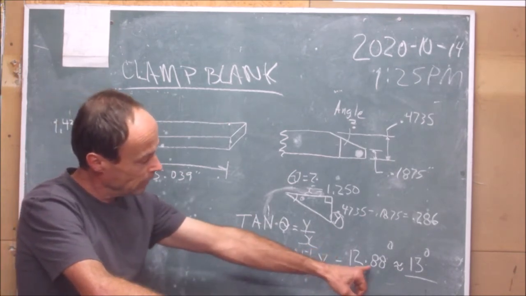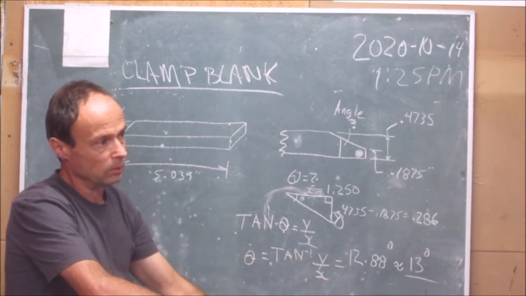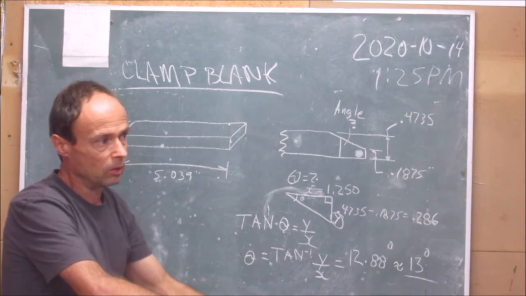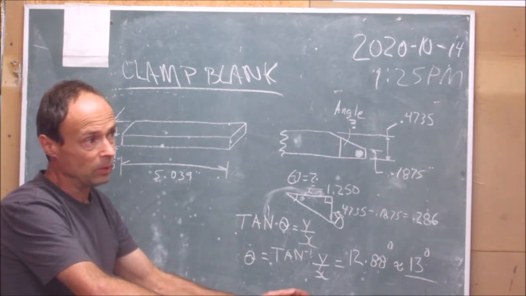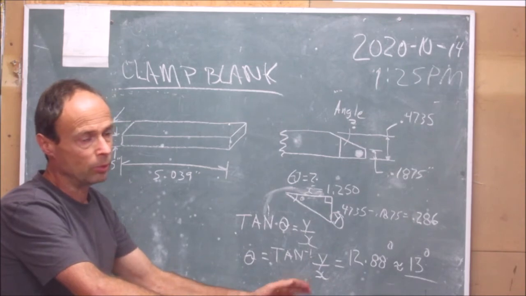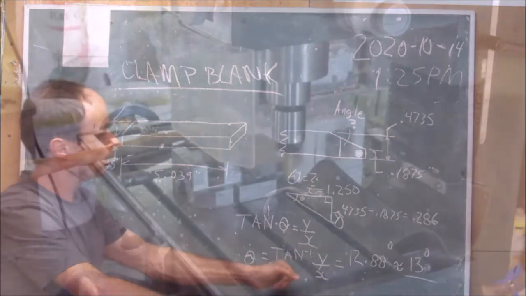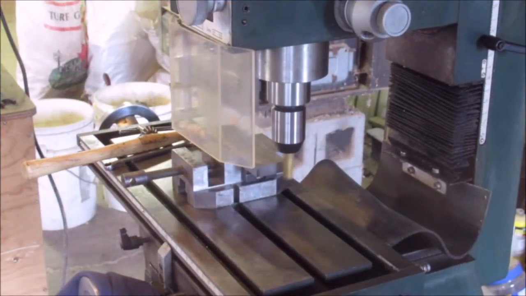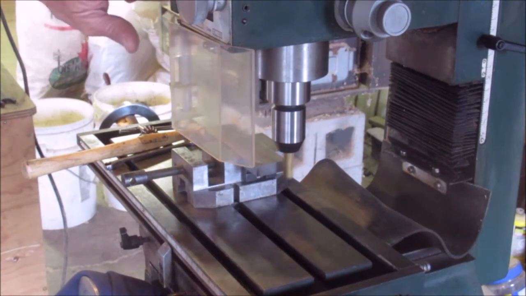It's really 12.88, but I don't have a sine block, a sine bar or anything like that to actually get the angles, and my mill just has approximate angles on it, so I'm going to get an approximate 13 degrees on there. So I set up my block again, and I'm just going to face off the sides.